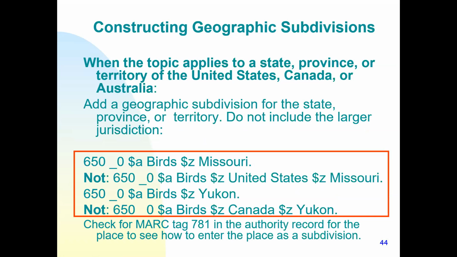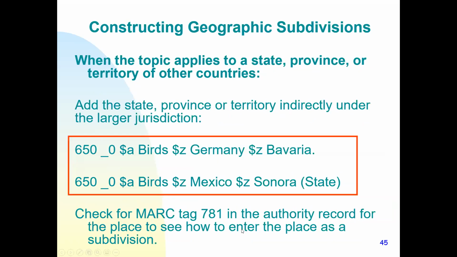We would just use directly Missouri, the state, or we could use the Yukon, but we wouldn't use the country first. Again, 781 for the place will tell us how we use it as a subdivision.